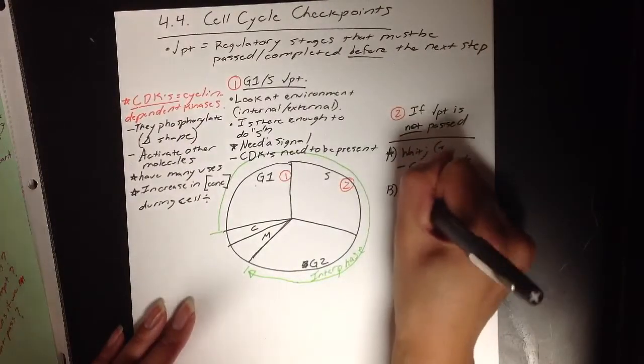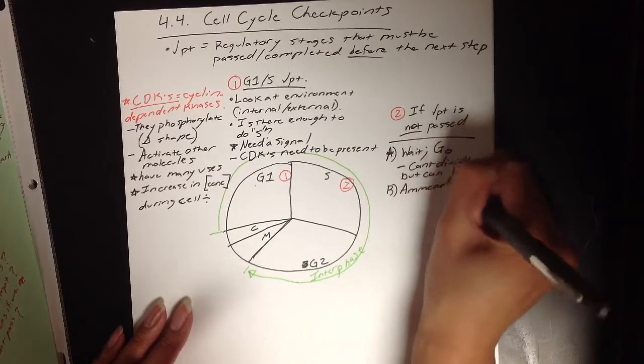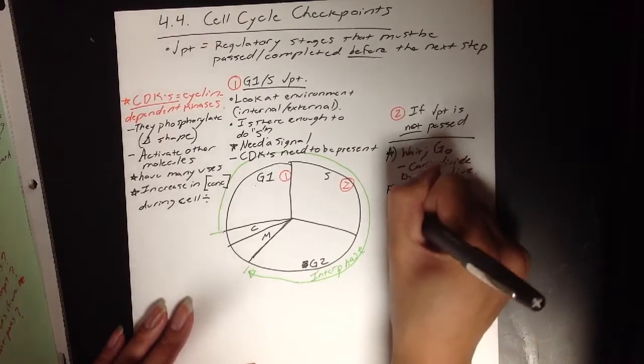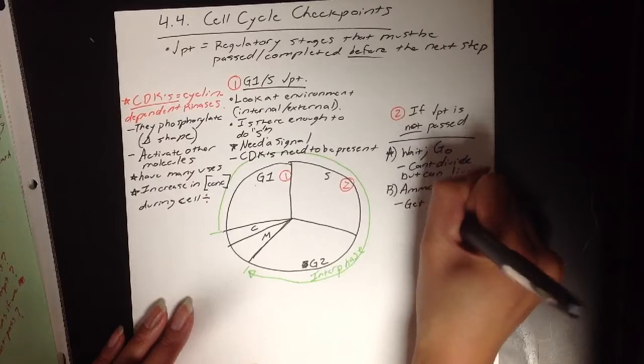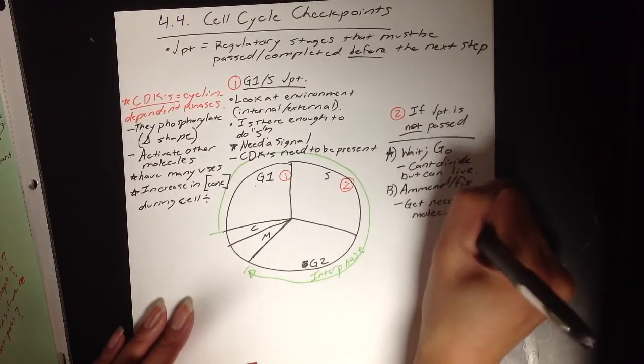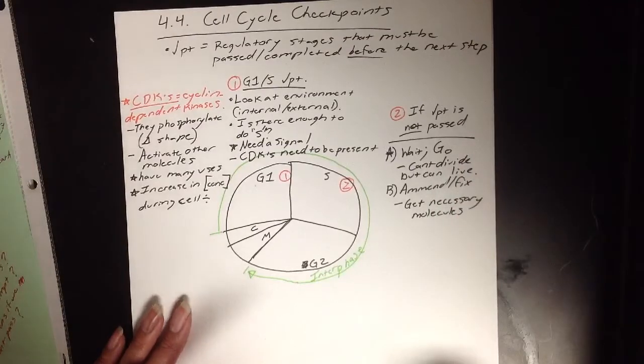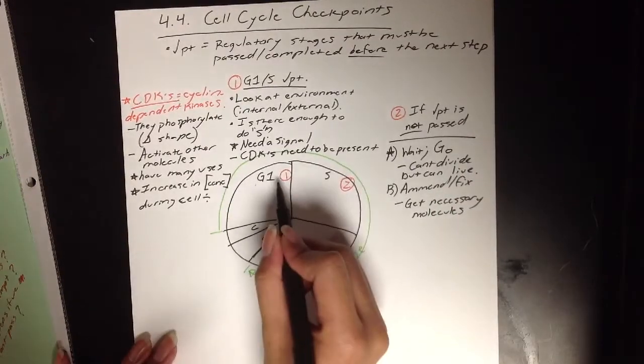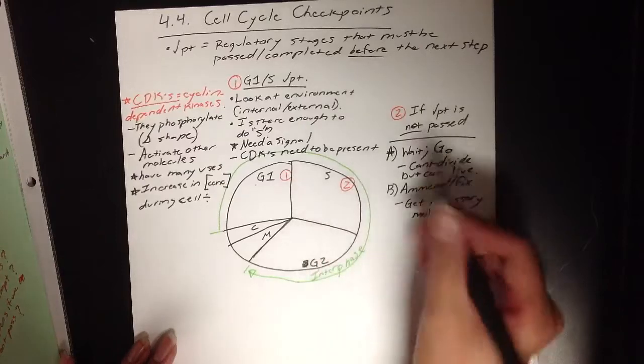B, the cell can amend or fix the problem and get necessary molecules to continue in cell division, so to continue going from G1 to S phase.